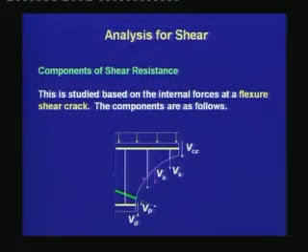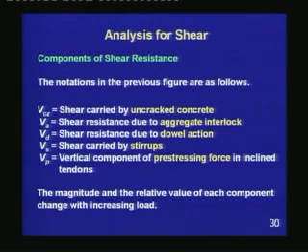For a prestressed concrete beam, we have another component, which is the vertical component of the prestressing force for an inclined tendon, and that is represented as Vp. Thus, the value of Vp depends on the inclination of the tendons. To summarize, the components of shear resistance are as follows.